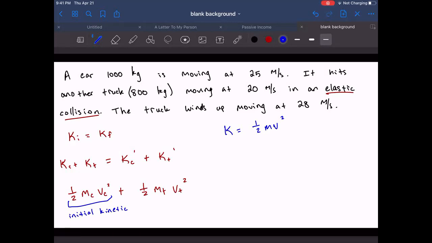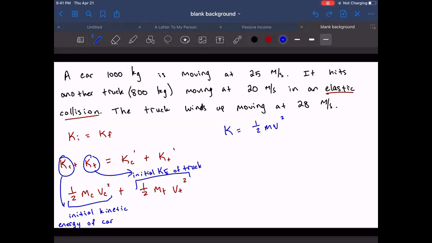Okay, sure. Initial kinetic energy of car, and initial kinetic energy of truck. And notice, of course, the subscripts, right?